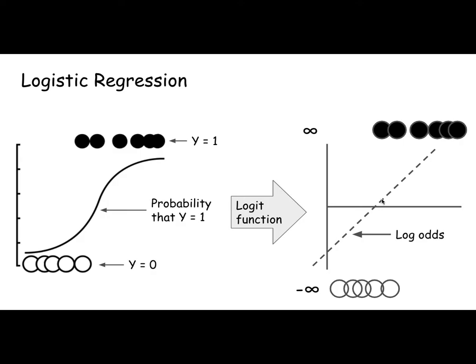Y equals slope times x plus intercept. And a really important point, this is not a probability. This is log odds. So this is telling you the odds of something happening, not the probability.